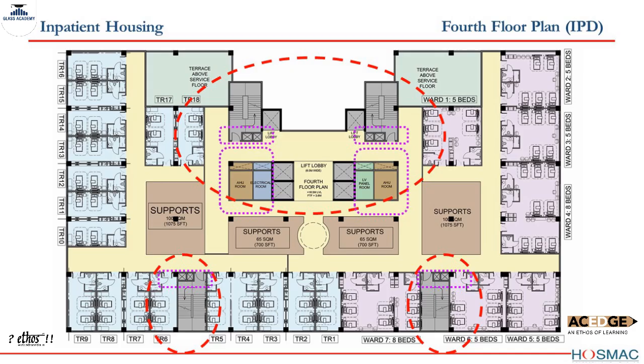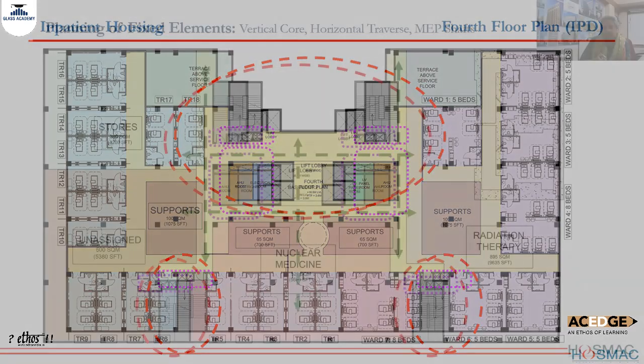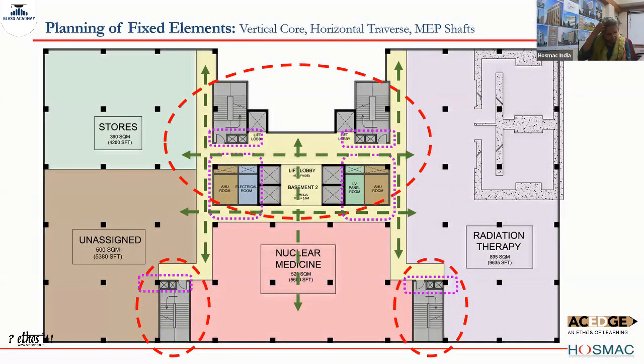The whole floor can be dedicated to a specialty of cancer, like, again, head and neck. Let us say head and neck cancer can be given the whole floor, it works for them.